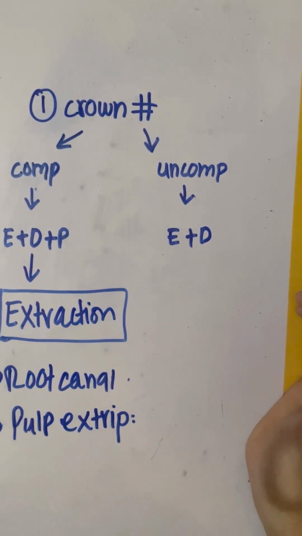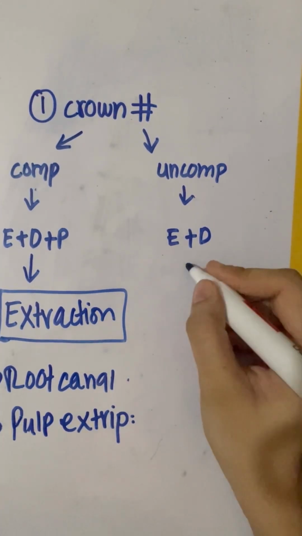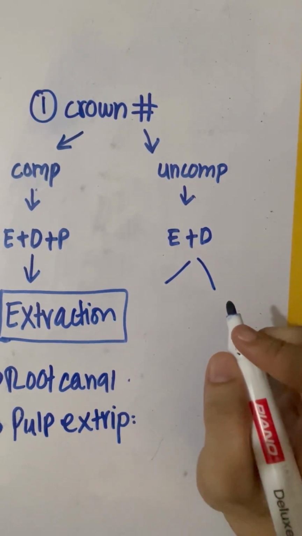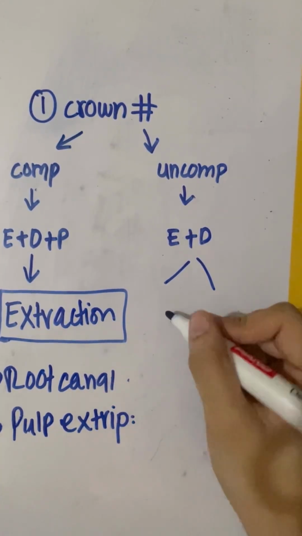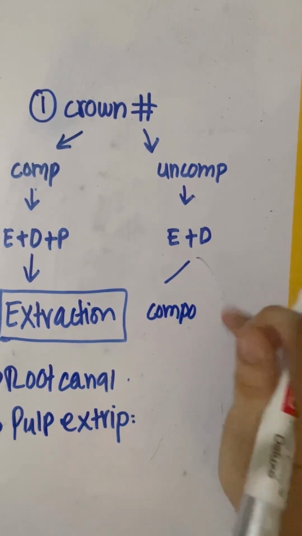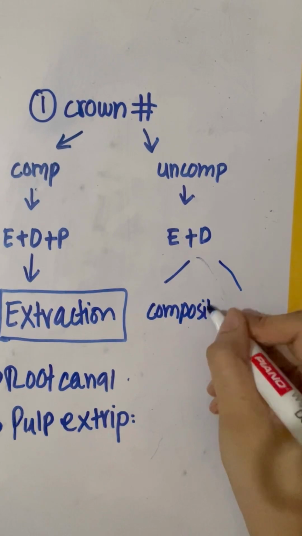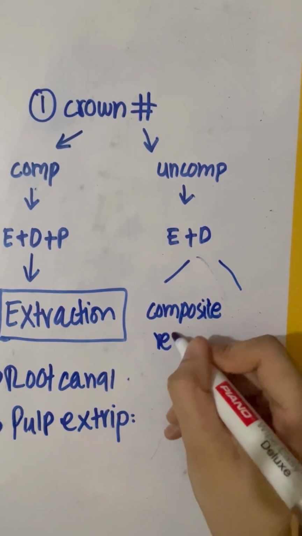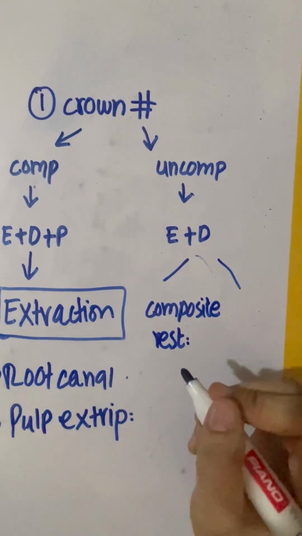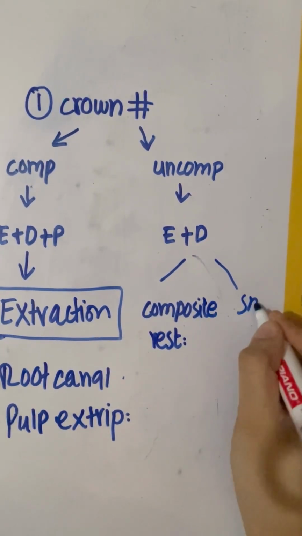We will simply do one of two things. If the enamel is a lot more involved, then we will go for composite restoration. If not, and the injury is not so severe, then we will smooth the sharp edges.